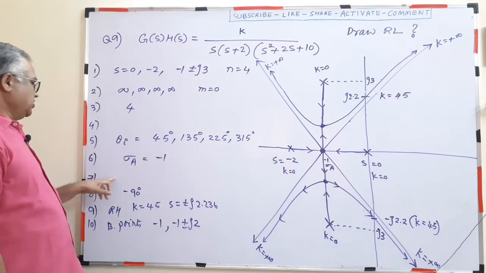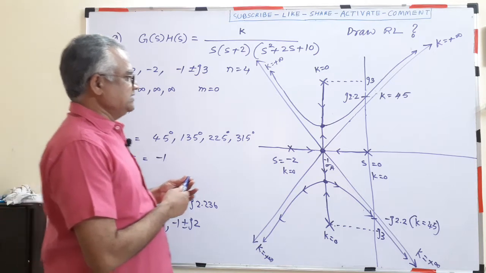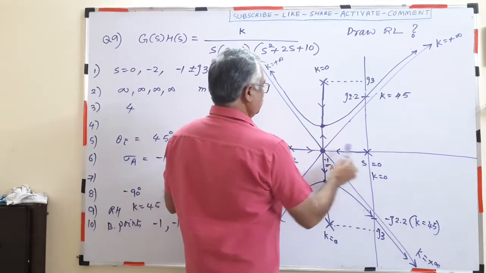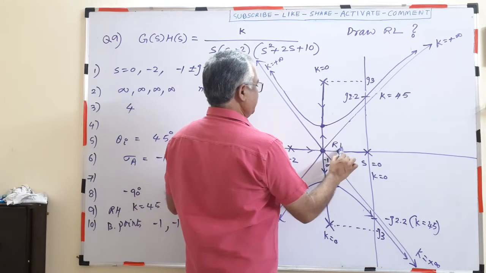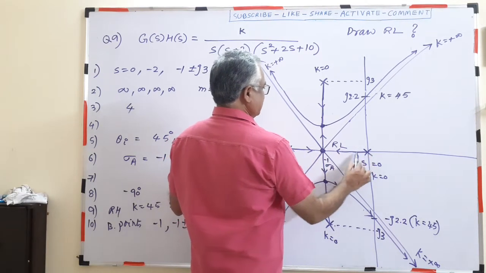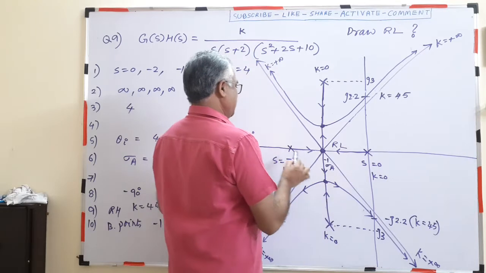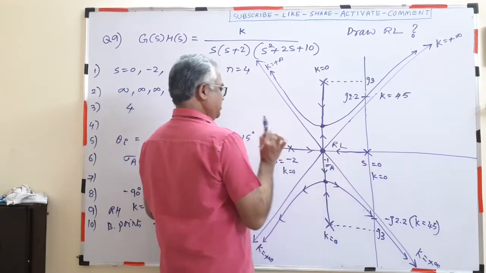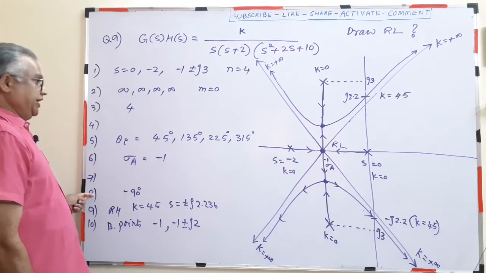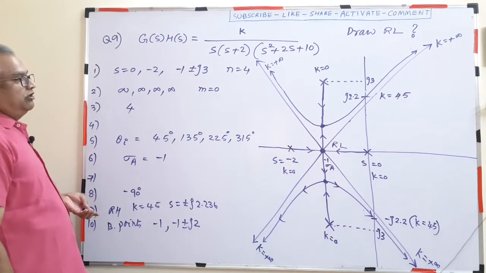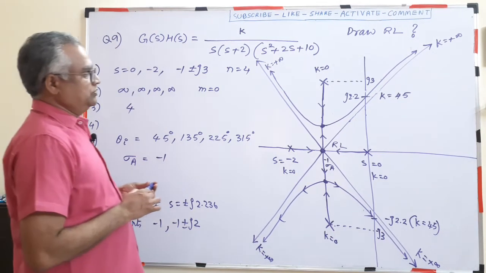Next, the root locus on the real axis. Between these two poles the root locus will compulsorily be there, because to the right of this section only 1 pole is there, which is an odd number, so RL will be there. That is the 7th point. The 8th is the angle of departure of the complex poles.